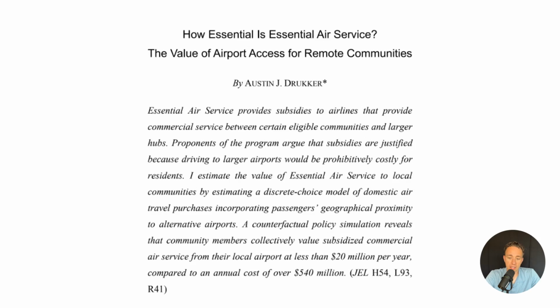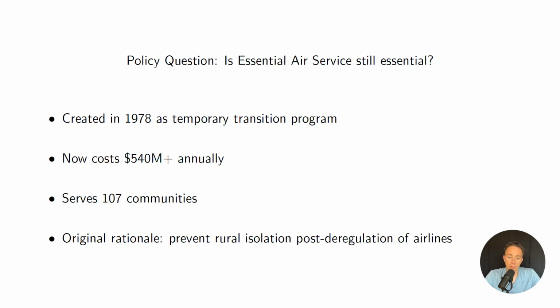The policy that he's analyzing is a federal program called Essential Air Service, or EAS, and the question is: is this actually still essential? It was created almost 50 years ago as a temporary transition program, but now it costs almost $500 million to run. And it only serves 107 rural communities in the US.